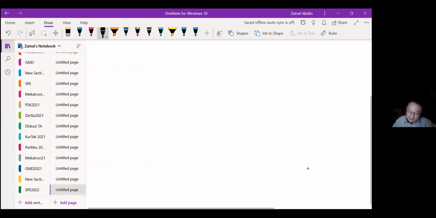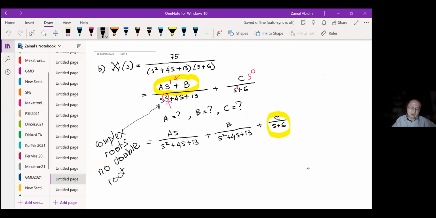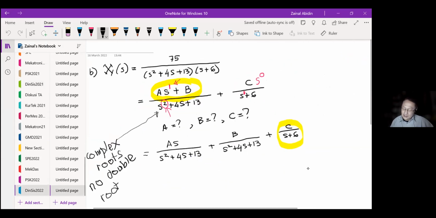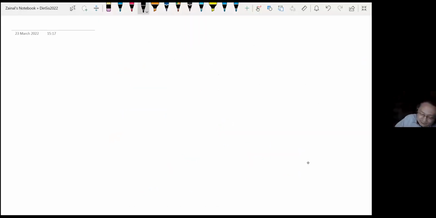Now I want to remind you of something. If we have something like this one, right? You already know this in senior high school, as well as in electrical drive system, SPE, sistem penggerak elektrik, right?